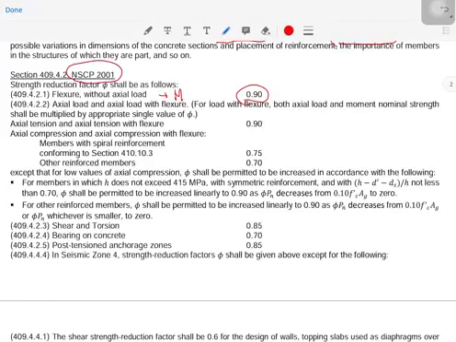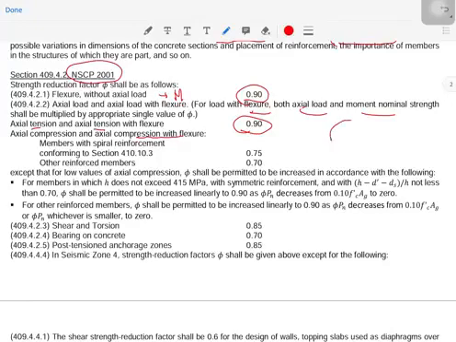Then for axial load and axial load with flexure, both axial and moment nominal strength shall be multiplied by the appropriate single value of φ. Then axial tension and axial tension with flexure, that is 0.9 still. Then axial compression and axial compression with flexure. So members with spiral reinforcement. Okay, so I think this is for columns.